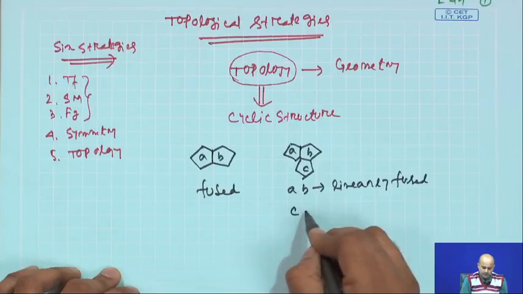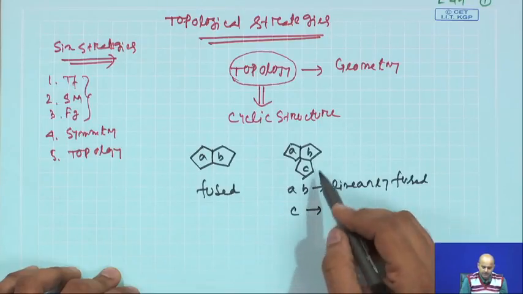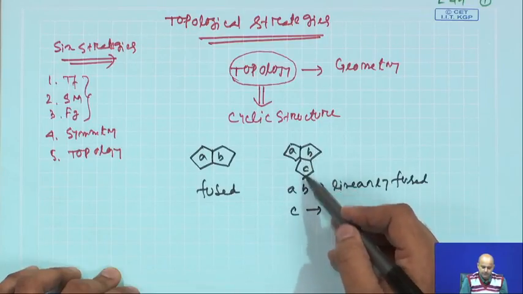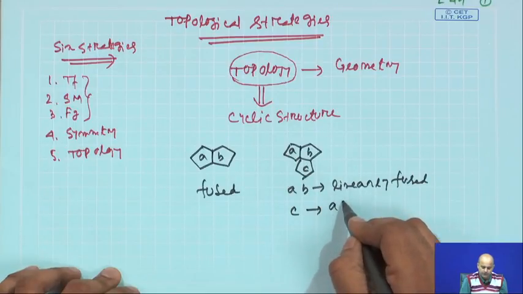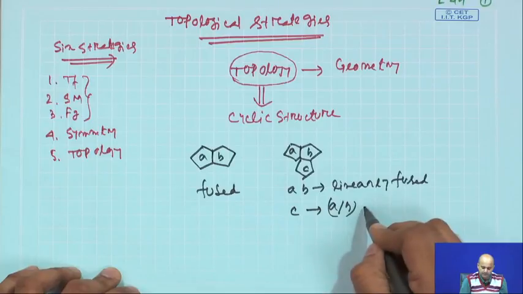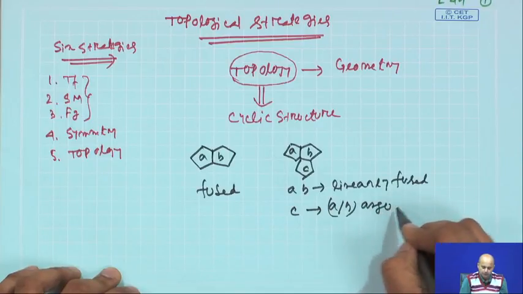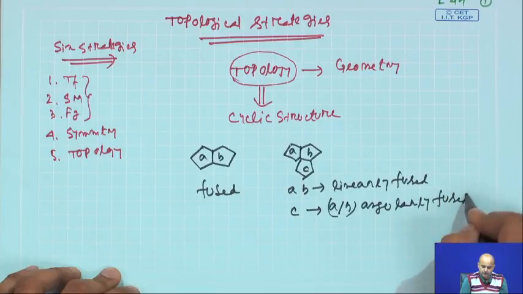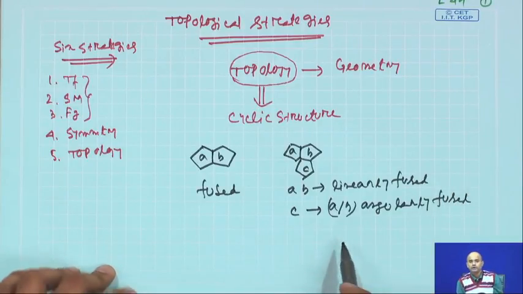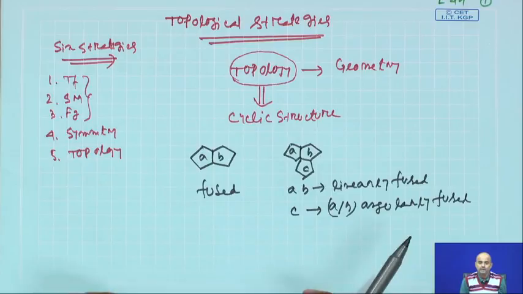So C is fused linearly with B, but is fused in an angular fashion with the AB ring. This kind of interesting topology will always be there in a target molecule, and in nature you will find that these kinds of topologies are very much existing.